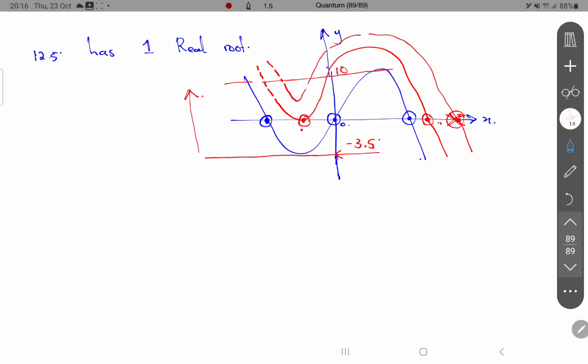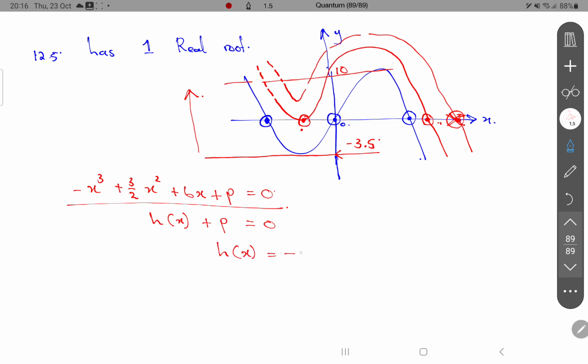If you look very carefully, the equation we were given is negative x cubed plus 3 over 2 x squared plus 6x plus p is equal to 0. So I can write it as h of x plus p is equal to 0. I can write it as h of x equals negative p. This is the easiest way to understand.